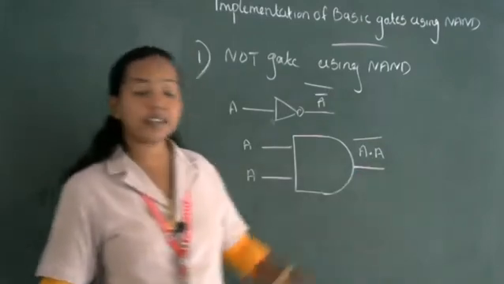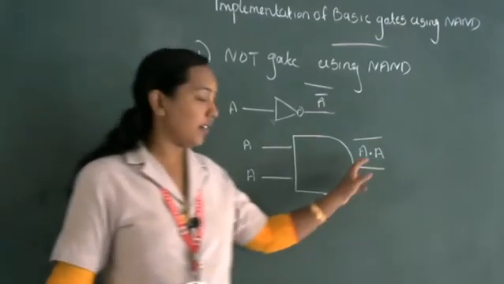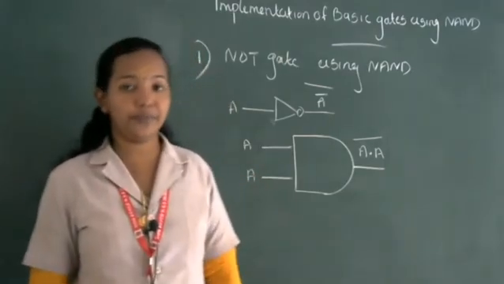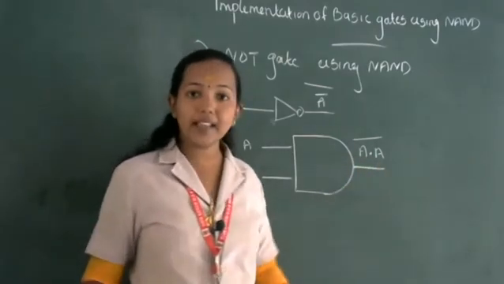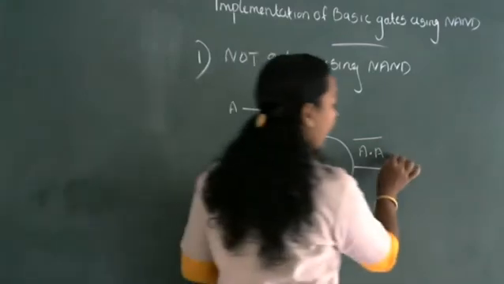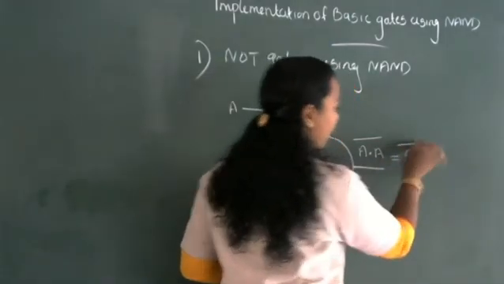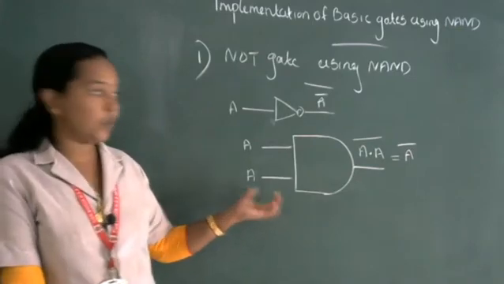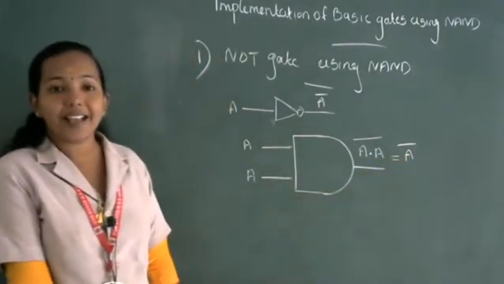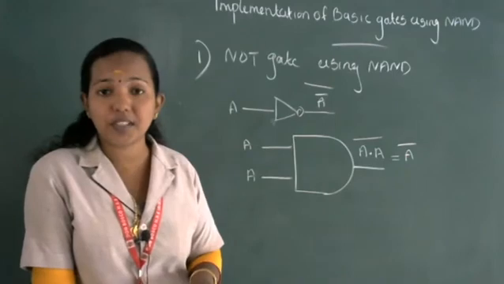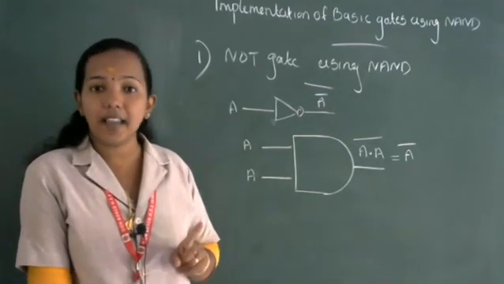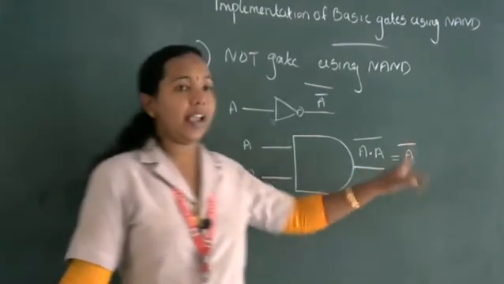Here, A dot A is equal to A itself. So A dot A all complement is A complement. After the NAND gate we are getting A complement as the answer if both the inputs are A.